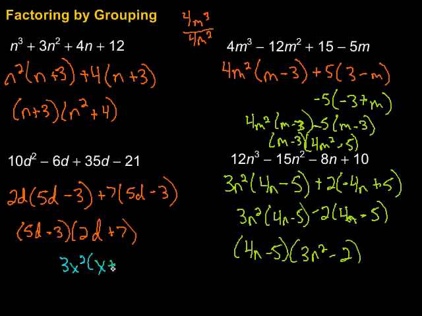Maybe we have 3x squared times x plus 1 plus x plus 1. Okay, if I'm going to factor that, I can pull that x plus 1 out front, and I have this. And then here, I'm going to divide this by x plus 1, so what's left is going to be 3x squared.